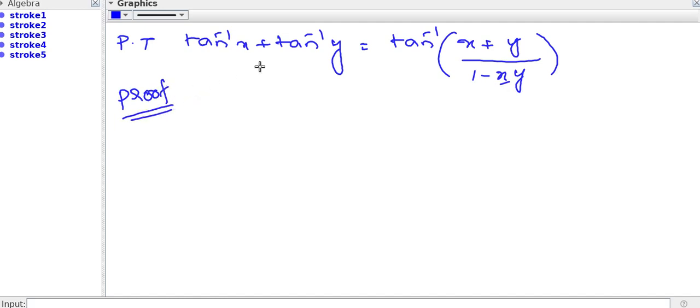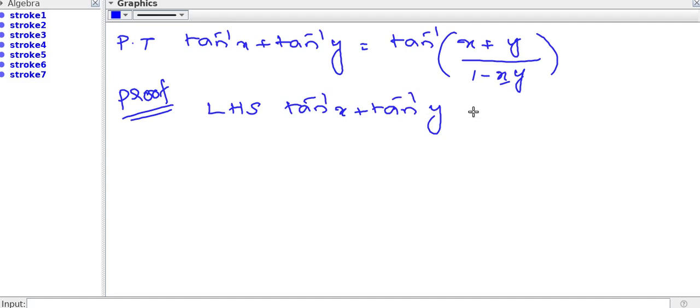Okay, so let us take the LHS first. LHS is tan inverse x plus tan inverse y. This is our LHS. Now we want to prove this is equal to the RHS, that means tan inverse of x plus y by 1 minus xy.